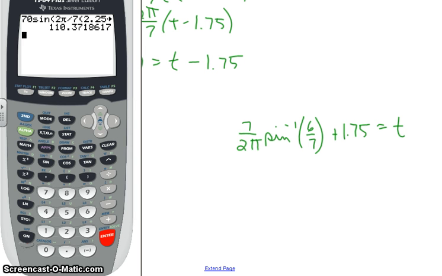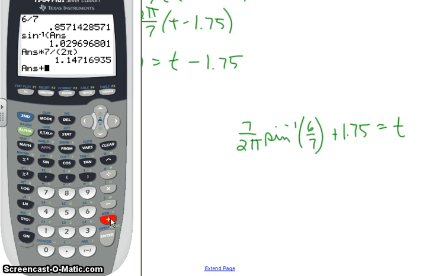Finally, I'm going to plug this into my calculator, and I am going to do this a little bit at a time. I'm going to work from the inside out. I'm going to take 6 and divide by 7. And now I'm going to take the inverse sine of that. I'm going to multiply it by 7. And I'm going to divide by 2 pi. And the parentheses are very important. And I'm going to add 1.75.